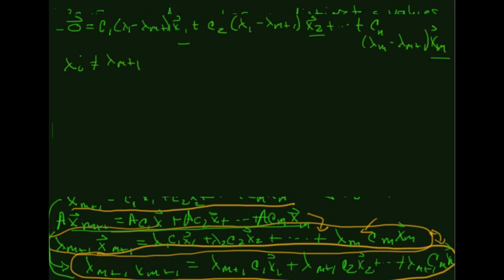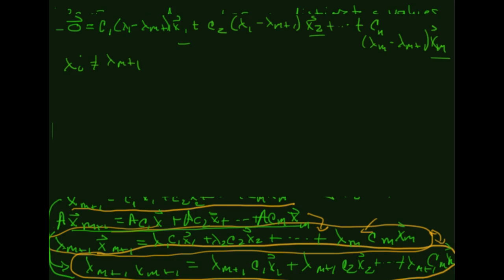The reason why these things can't be equal is because that's how we declared it. At the very top of this, we had that the eigenvalues had to be distinct. So I'm assuming that if I have a matrix of size m plus 1, then I have to have m plus 1 distinct eigenvalues. That means that these things cannot be equal.